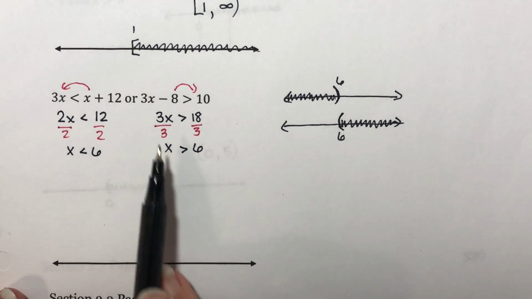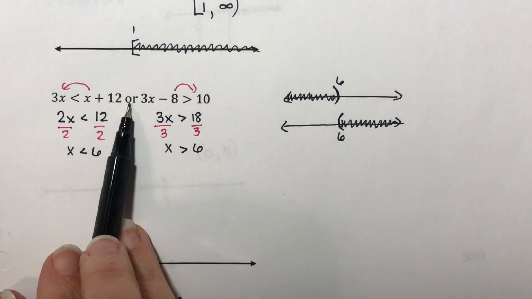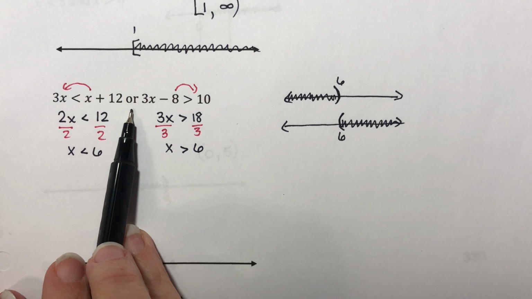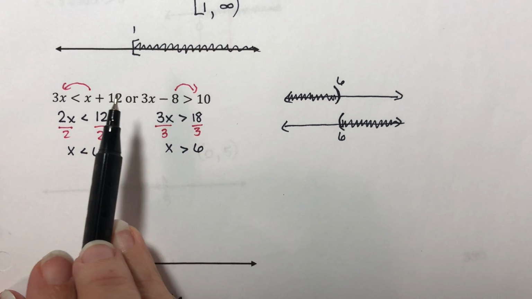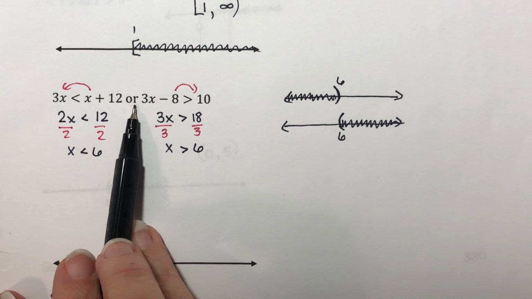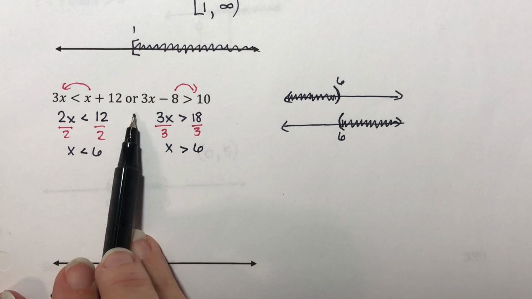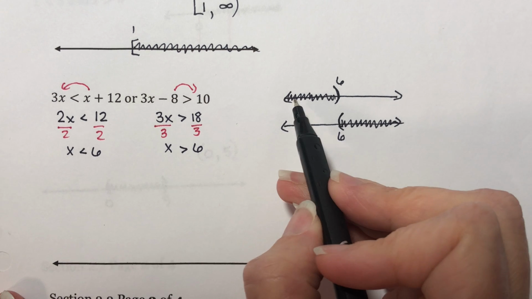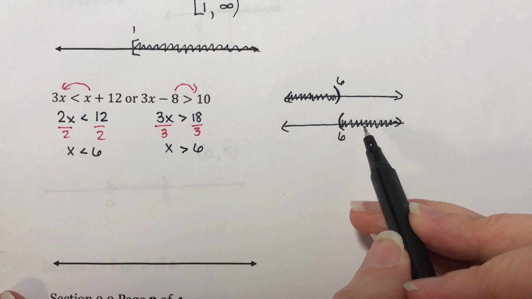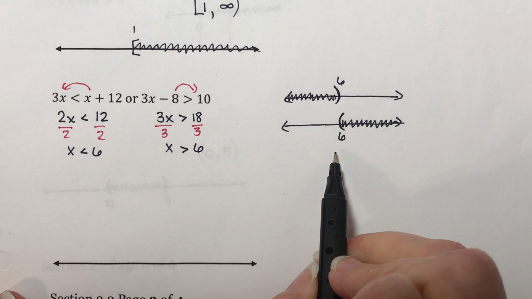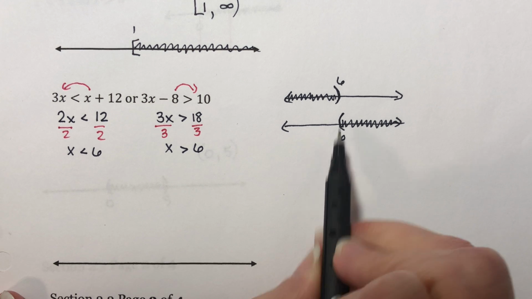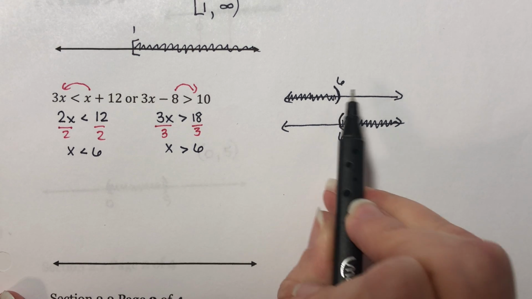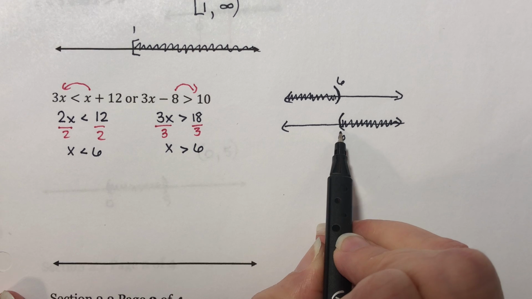Okay, so now we've got it graphed, now we look here. The word is OR. So we want to pick up everything that was ever shaded, everything that was ever part of a solution for either one of them. So it's going to be all of this and all of this, but not 6. 6 is not part of the solution here. 6 is not part of the solution here.